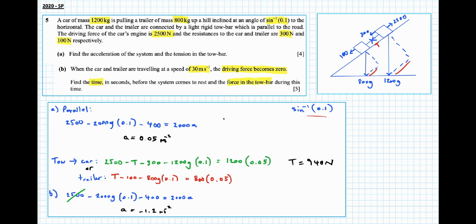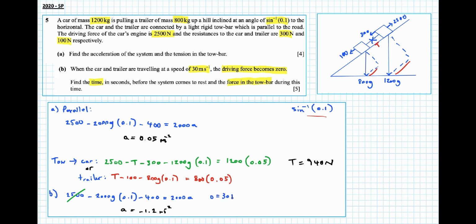Our next part, we have an initial velocity, because when it's traveling at that point, starting at the instant those words come up, u is 30, v will be 0 because it comes to rest. So do your suvat, if you wish.